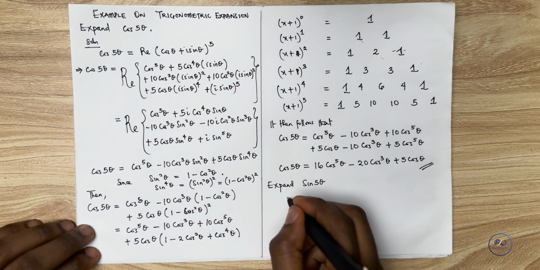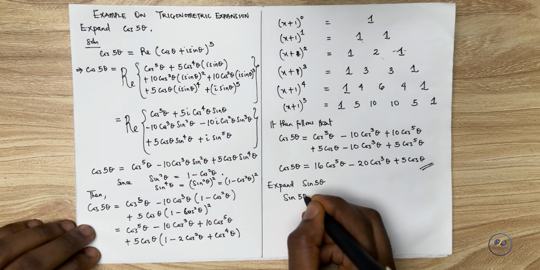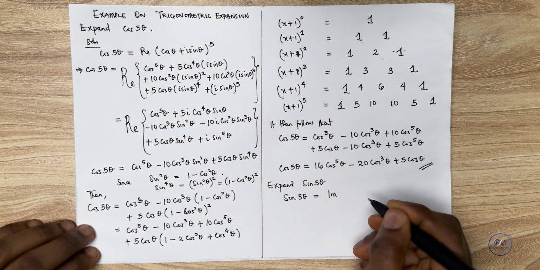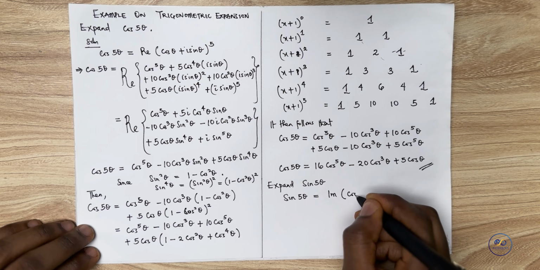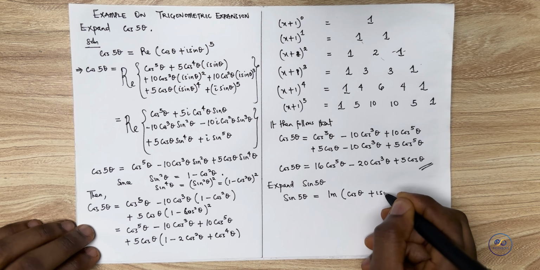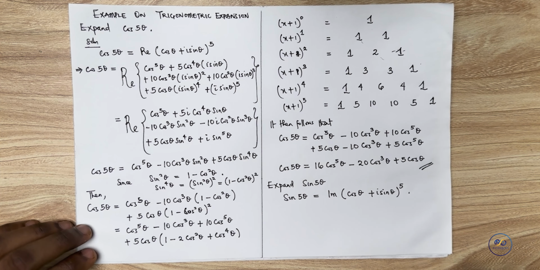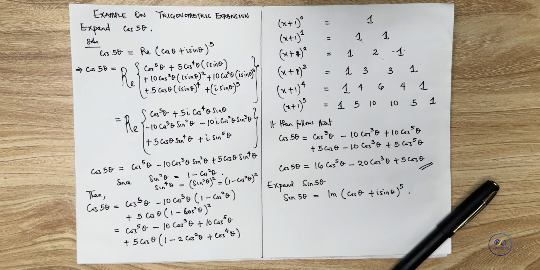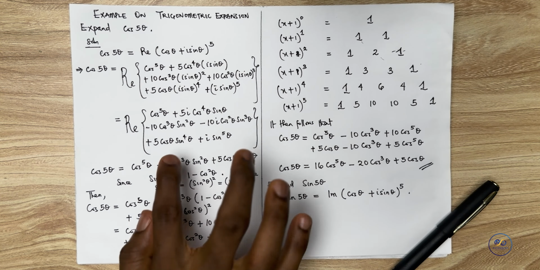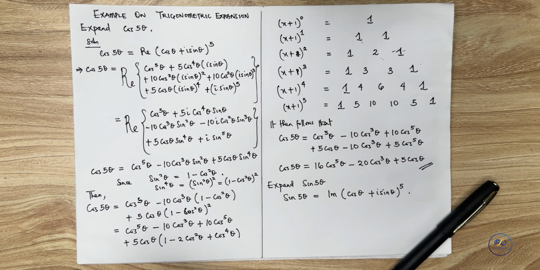Do not forget, as a hint, that sine 5 theta is simply the imaginary part of cos theta plus i sine theta all raised to the power of 5. Remember that for this, we have already done you a great favor of carrying out the expansion to this point, such that instead of extracting the real part, in your own case, you'll be extracting the imaginary part in order to get sine 5 theta.